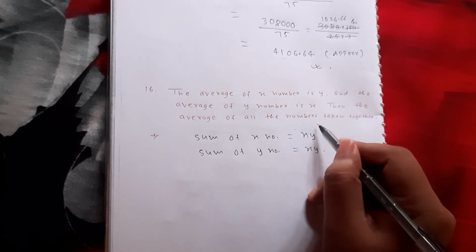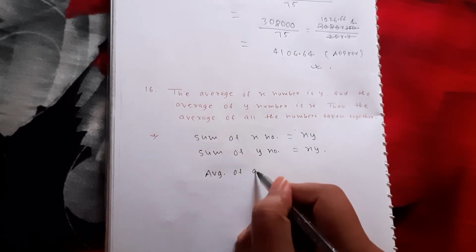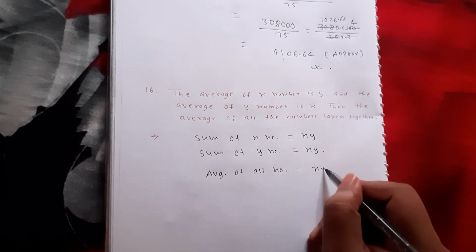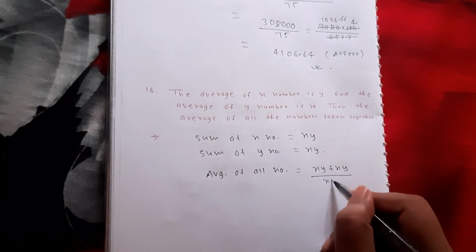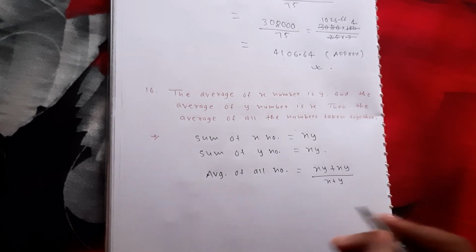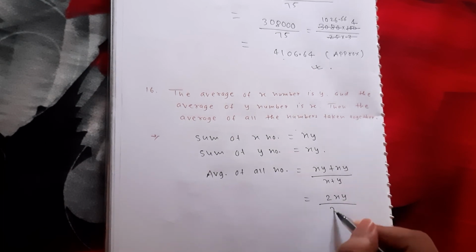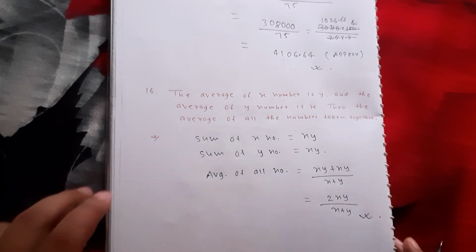The average of all numbers taken together is xy plus xy, the whole divided by x plus y. We are getting 2xy by x plus y. This is our answer.